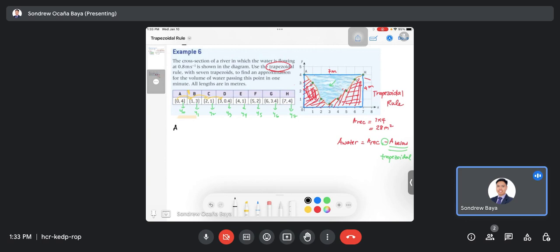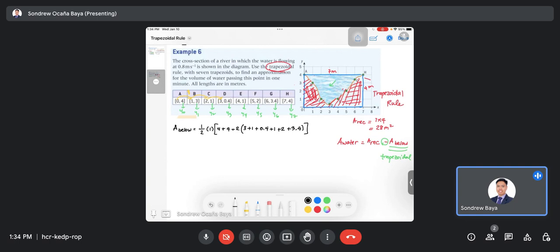So area below is equal to 1/2 of 1 times y sub 0, which is 4, plus y sub 7, which is 4 also, plus 2 times the y's in between them, which are 3 plus 1 plus 0.4 plus 1 plus 2 plus 3.4.